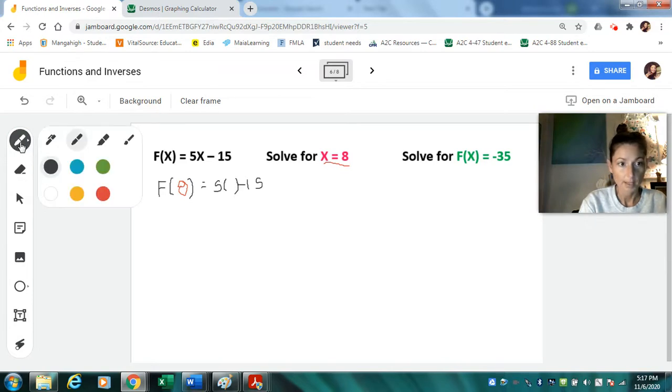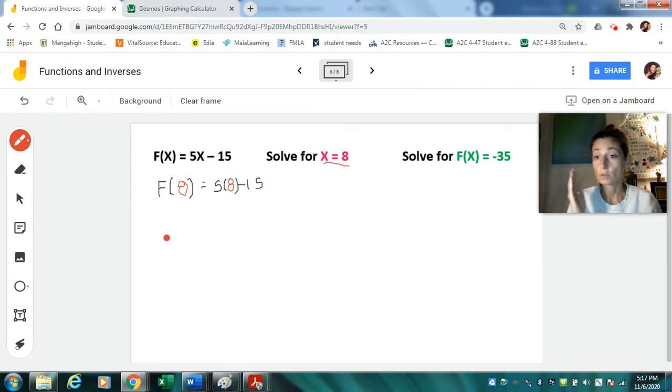Here we're going to plug in the 8, and this is the part where we're actually going to do our math. So we're going to use PEMDAS. We're simplifying. So anytime you're simplifying, you're not moving things around on an equal sign. You're just making things more simple. We're using order of operations.